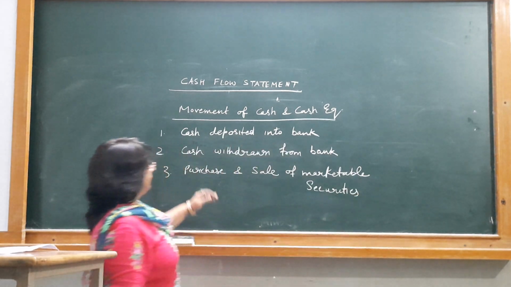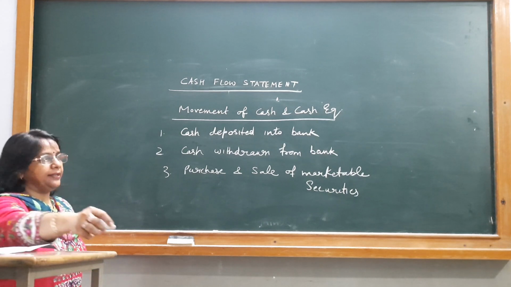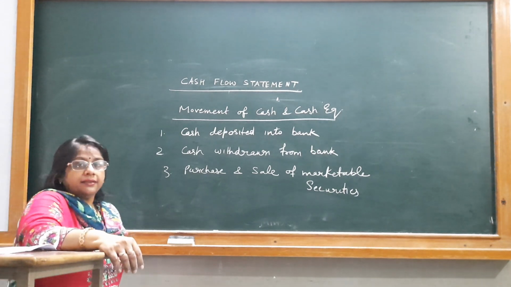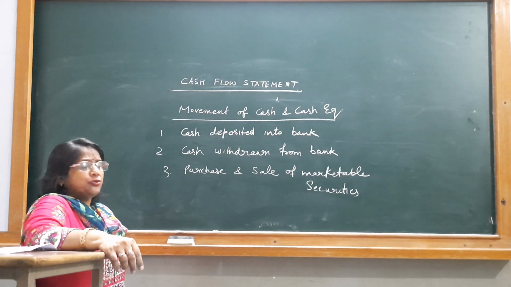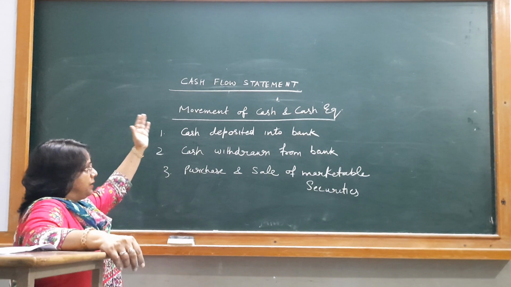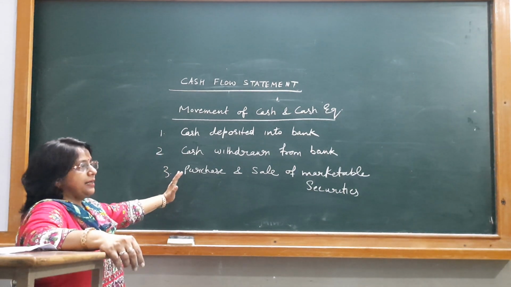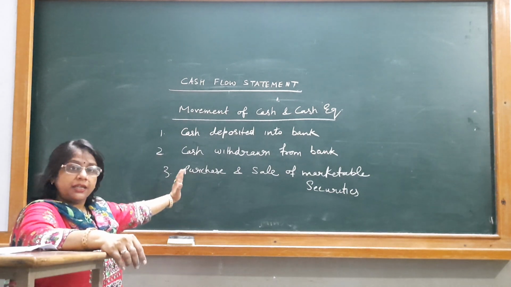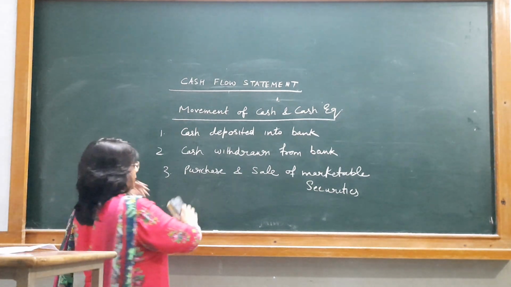So dear students, if any of these transactions are taking place, those are neither resulting in cash inflow nor resulting in cash outflow. Those are shown nowhere in cash flow statement. Those are simply movement between cash and cash equivalent. That thing should be clear to you.